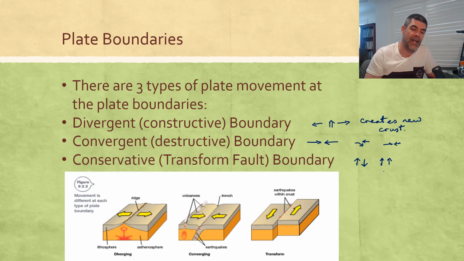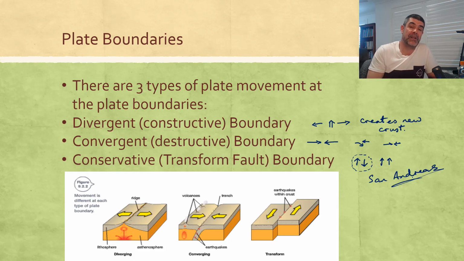That can also create a conservative boundary, but more often we see that two plates that are moving in opposite directions to one another, not towards or away, but just past one another, create areas of instability, and you get faulting happening as a result of the rocks slipping past one another. A really good example of this is San Andreas in California. And that's where we have a conservative boundary and where we find a transform fault.